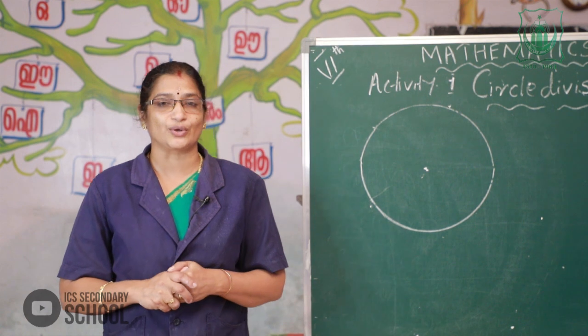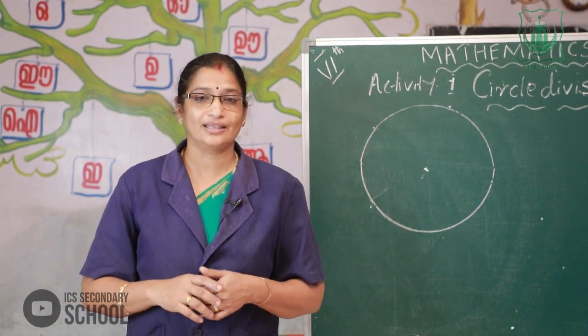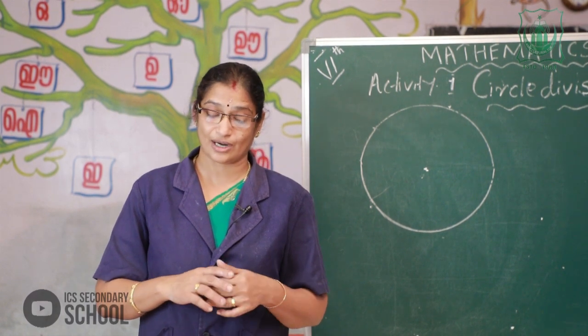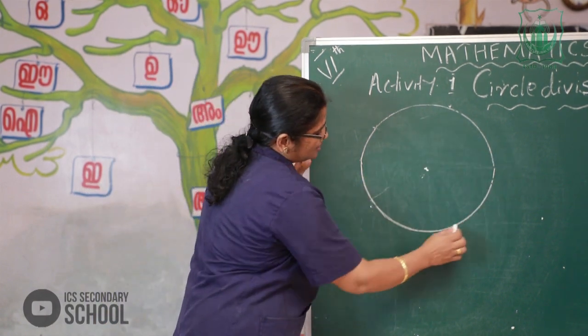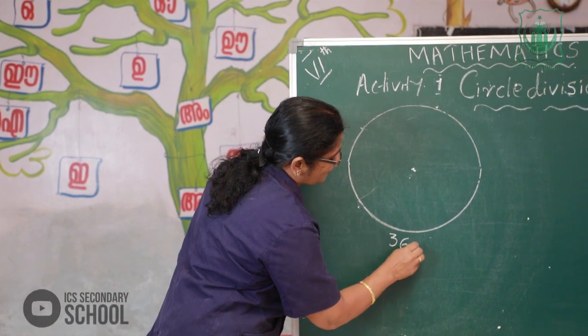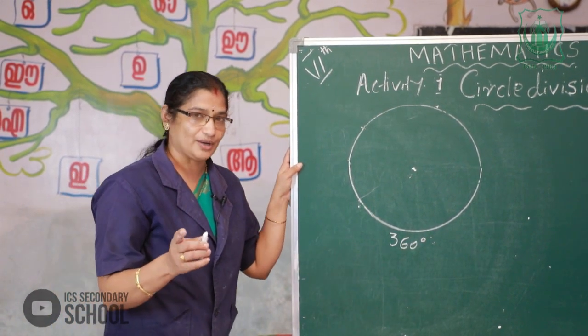Now we are going to discuss circle division. The measure of a circle is 360 degrees. Okay, got it?